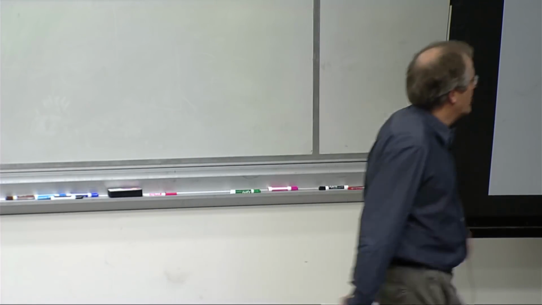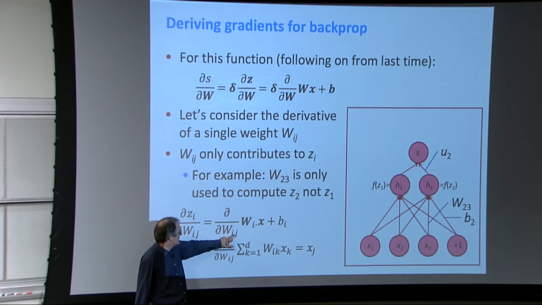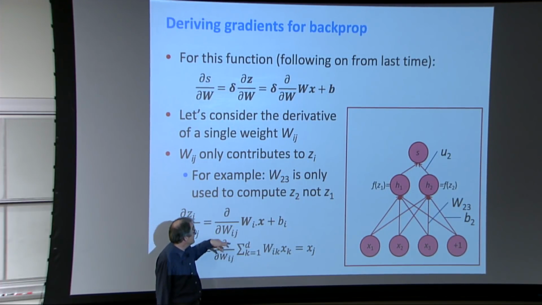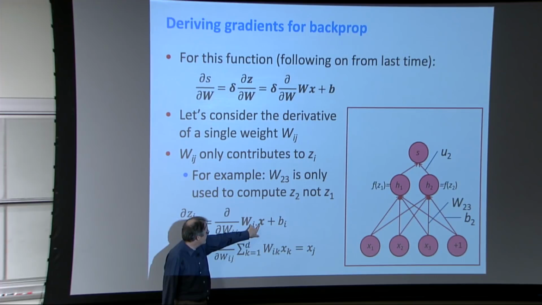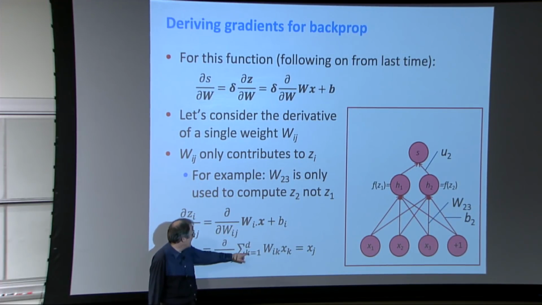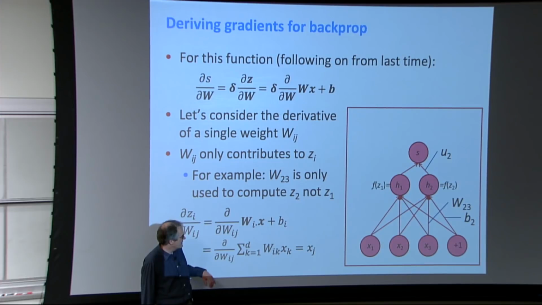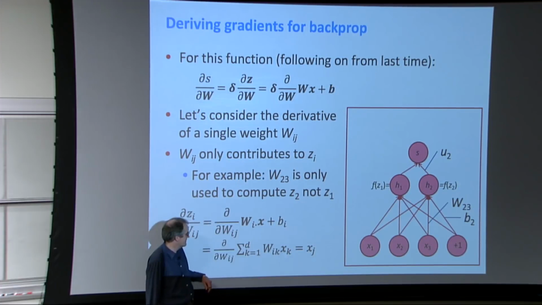So when we're getting the partial with respect to Wij, we can work that out just with respect to zi. And when we look at this multiplication, what we end up with is a sum of terms, Wik times xk, where there are weights in that row of the matrix going across the positions of the vector.